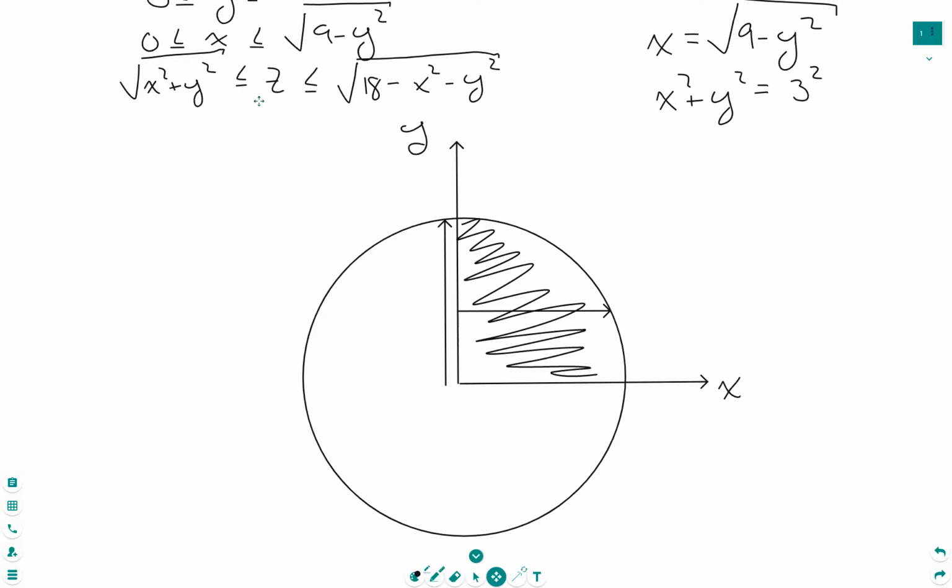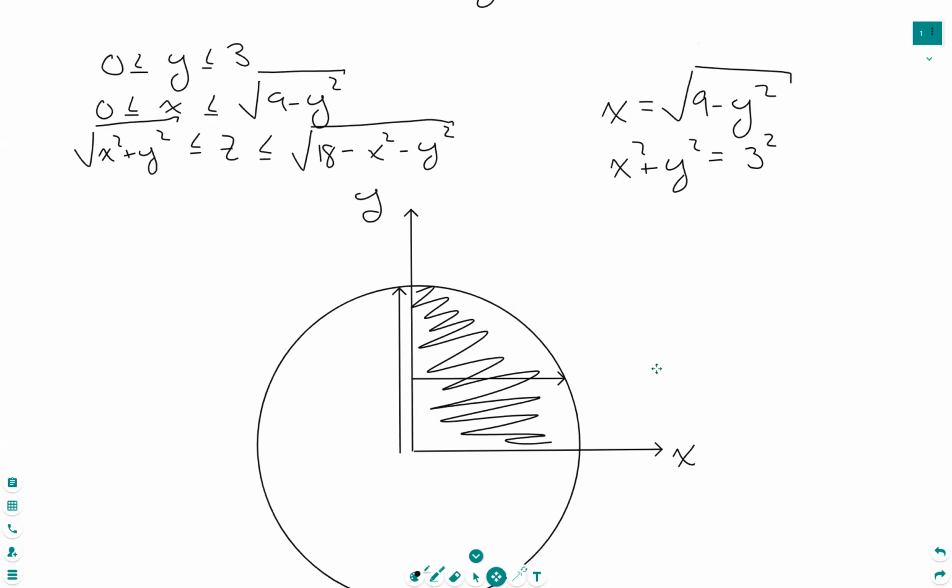Okay. So now let's take a look at these z-bounds. Actually, before we do that, I want to go back to our projection because let's get this over with. If we look at our projection, we know that theta is measured from the x-axis out, and it exists in the xy plane.